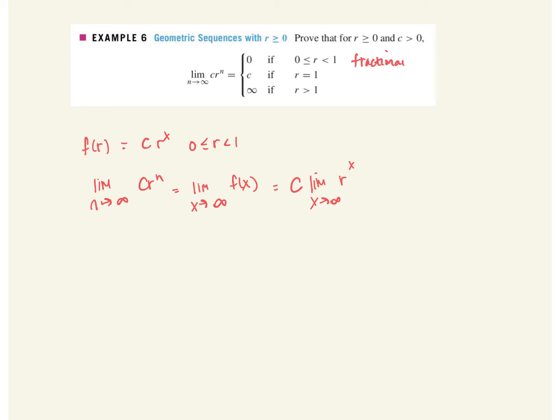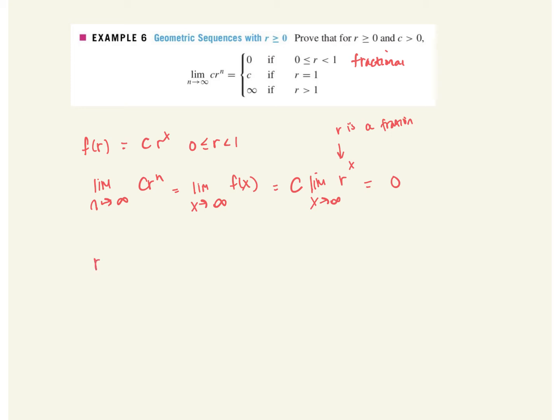So if r is a fraction, it's almost like having a negative exponent. It's flipping it, and the denominator is growing faster than the numerator. And therefore, as we go towards infinity, this will always zero out.